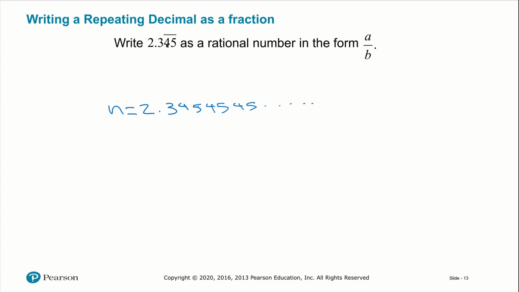Notice that the trick of just multiplying by a 1 and as many zeros as there are here isn't going to work that nicely. However, I noticed that if I just multiply this number by 10, I can get the decimal to move right there to where the repeatend starts, right? So that's what I'm going to do.